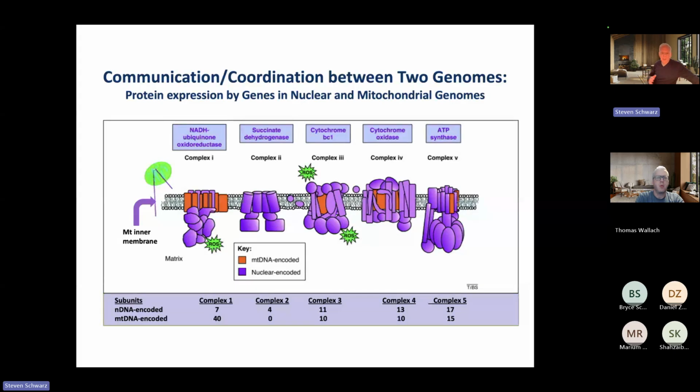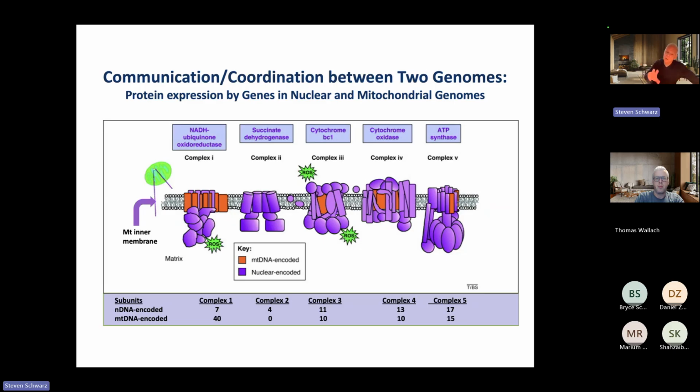Here we see the various components of the mitochondrial DNA. There are complexes 1, 2, 3, 4, and 5, and you see at the top what each of these complexes stands for.